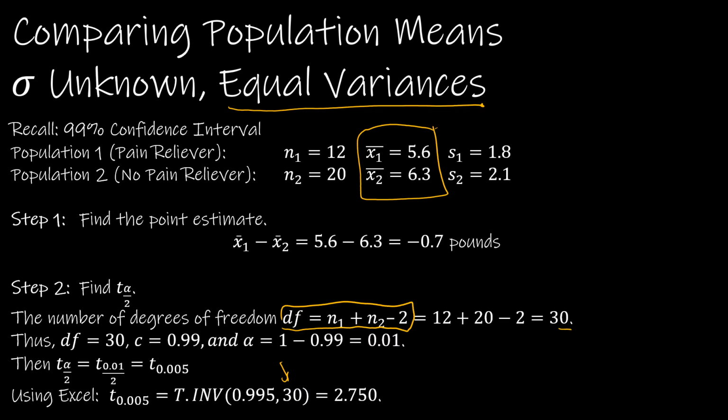So t.inverse, remember we're looking at a 99% interval, and so we're actually looking at 0.995 because we take the 99 in the interval and half of whatever's left over, half of alpha, to get the 2.750 for our critical value.